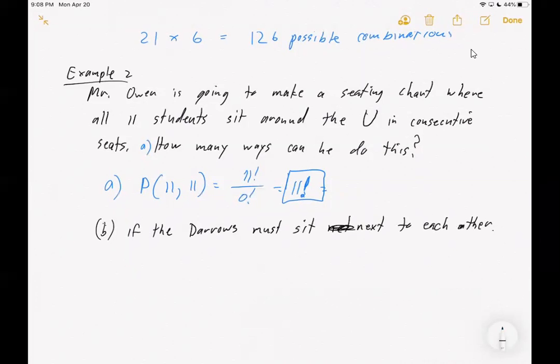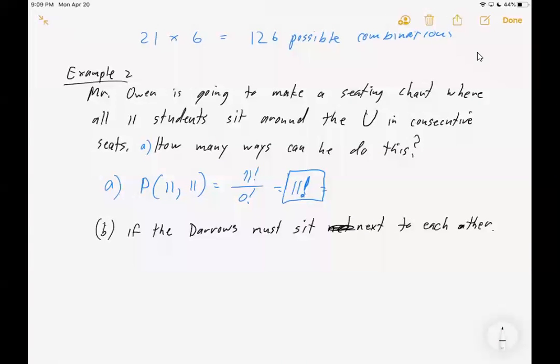So they must sit next to each other. So if that were in consideration, that would change things a little bit. Okay, so what would we have to do if they had to sit next to each other? Hopefully after reading example 11, you might have some ideas.